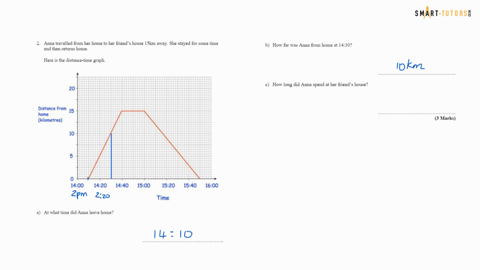The friend's house is where she stopped. Let me draw a straight line, then it is easy to calculate. From here is 14:40 and from here is 15:00. So 14:40 to 15:00 is 20 minutes. So the answer for part C is 20 minutes.